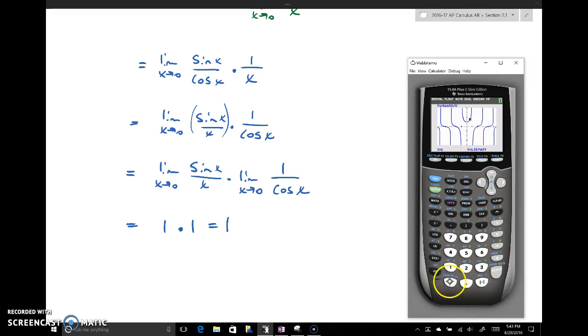And we'll plug in 0, and we can see it's undefined, but if we move just a little bit to the left or right, we're getting 1. So that's the quintessential behavior of a limit. We have the function approaching 1, but it doesn't necessarily have to be equal to 1 at that point.